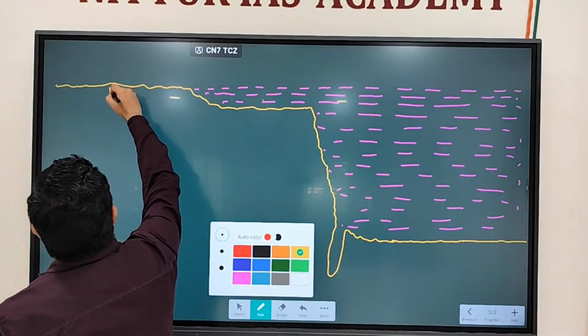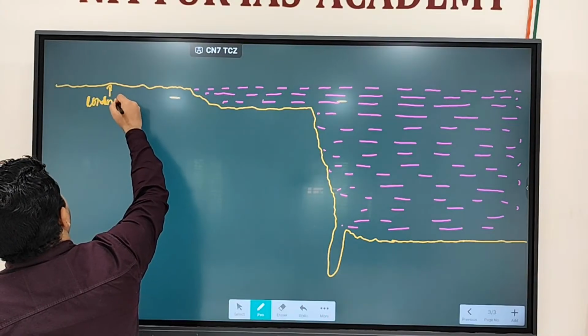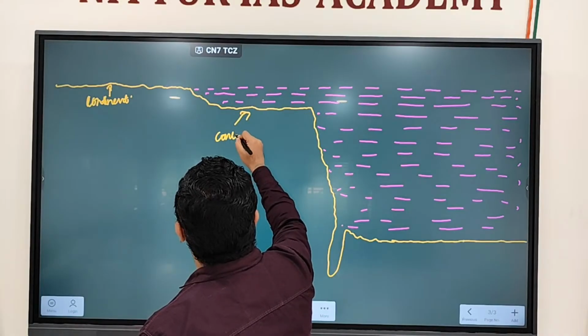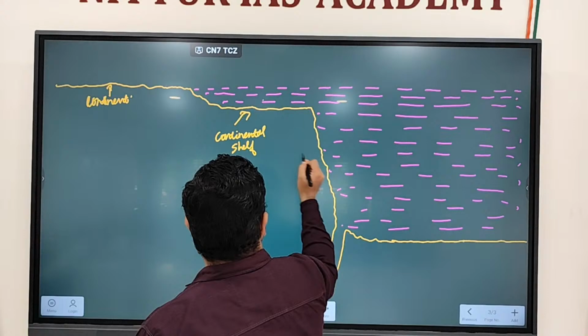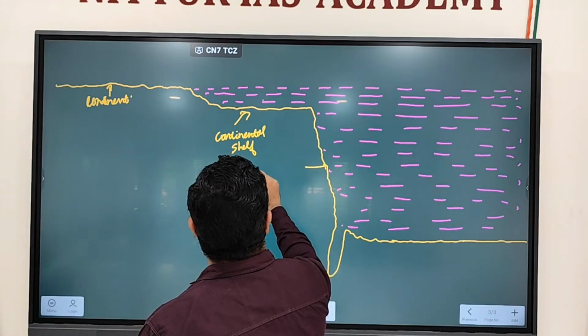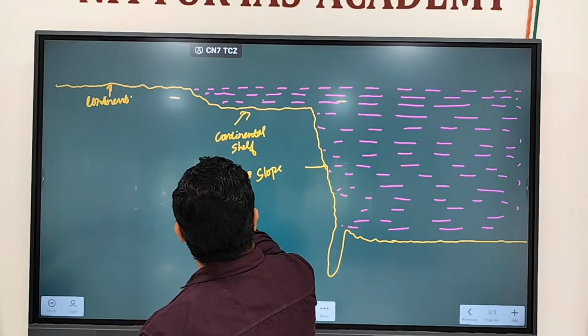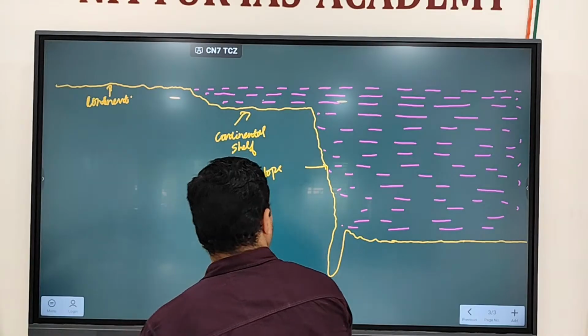So this is your continent. This is land part, continent part. This is called continental shelf. Continental slope.